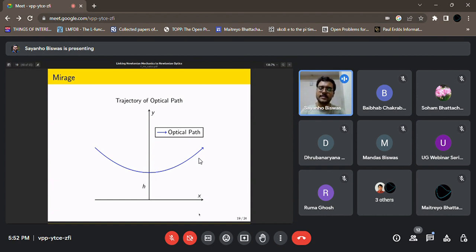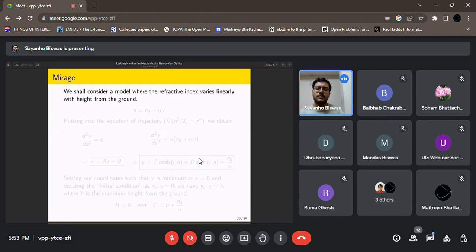The x-axis represents the ground level, and y represents the vertical profile. Above the ground there is a vertical gradient of refractive index, that is, the refractive index changes with height, and the light ray is coming and eventually turning out.